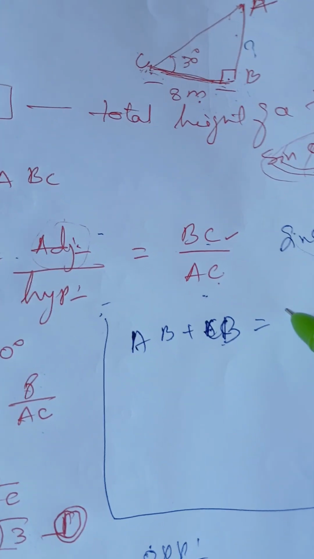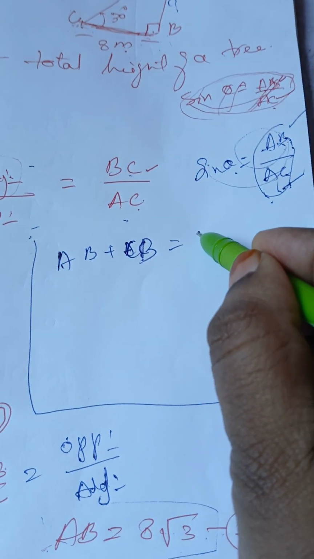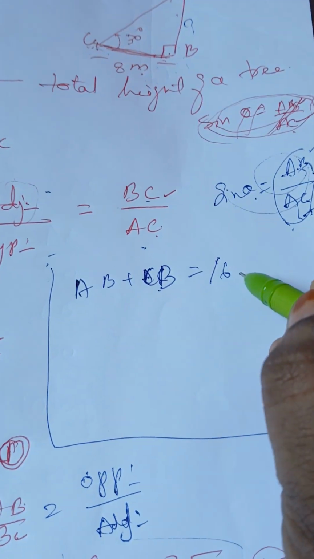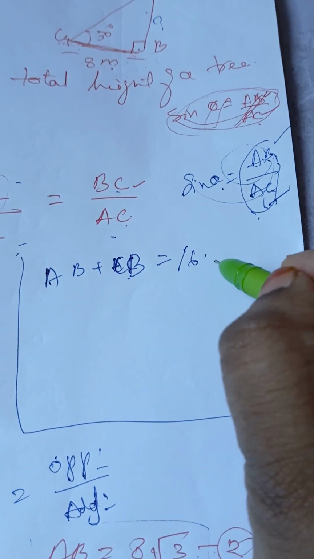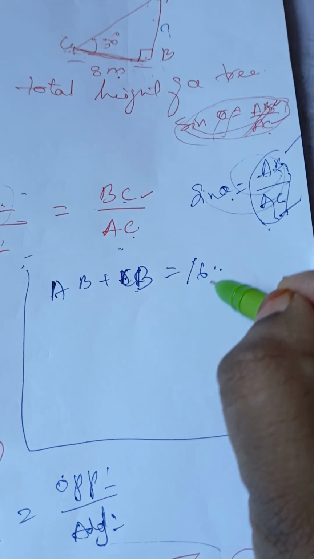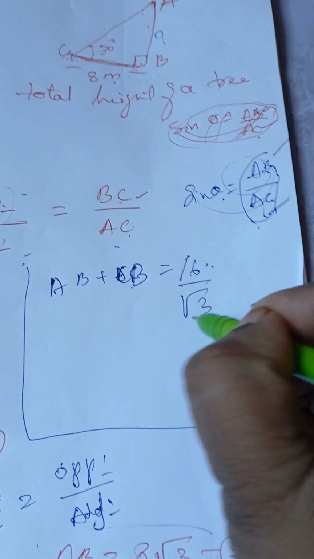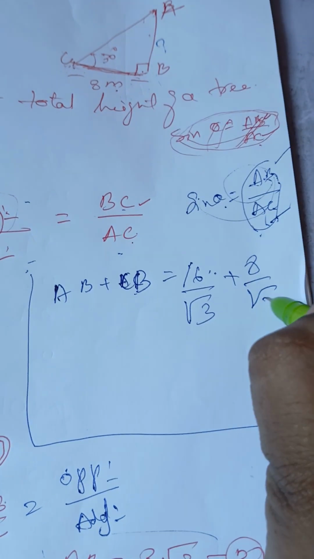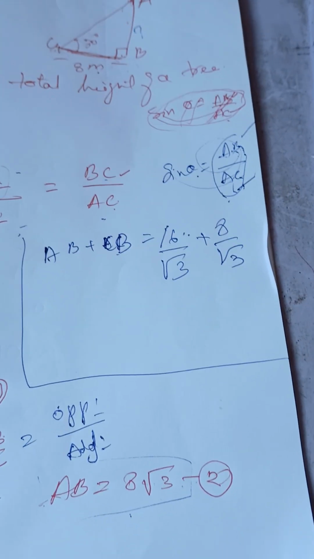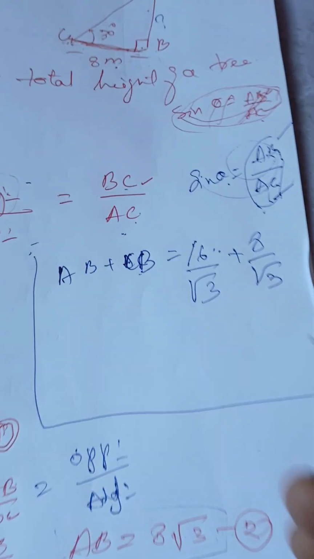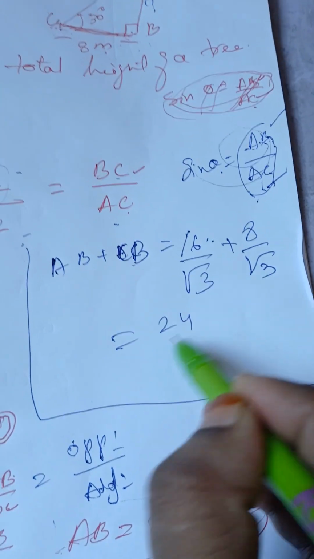So we can write it as 16 root 3 plus 8 root 3. What we get is 24 root 3.